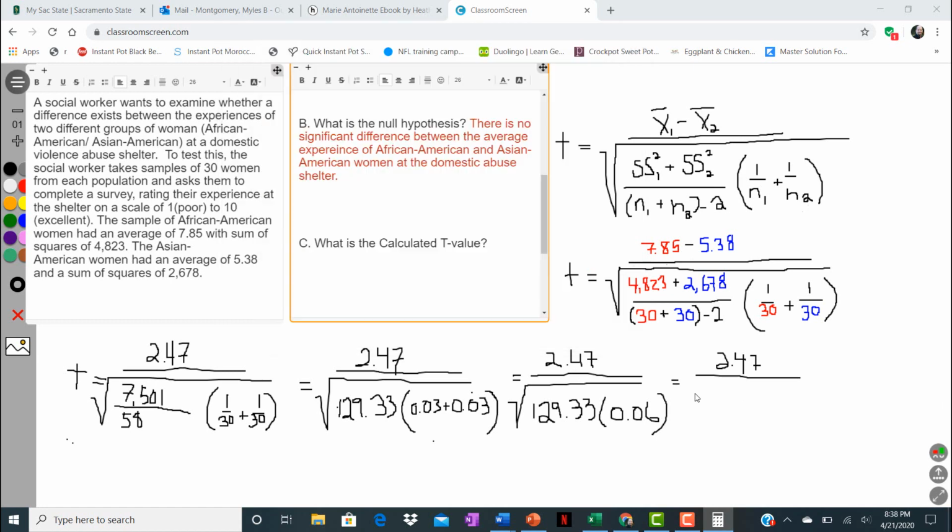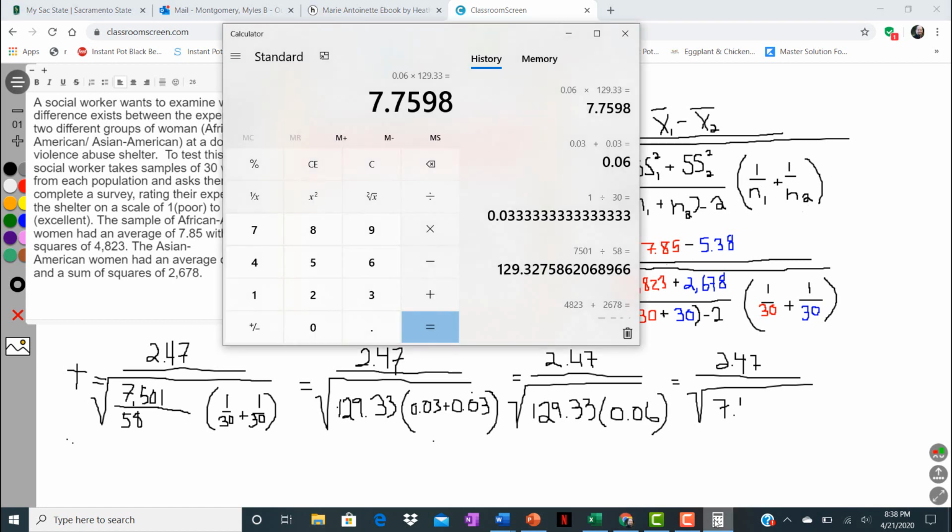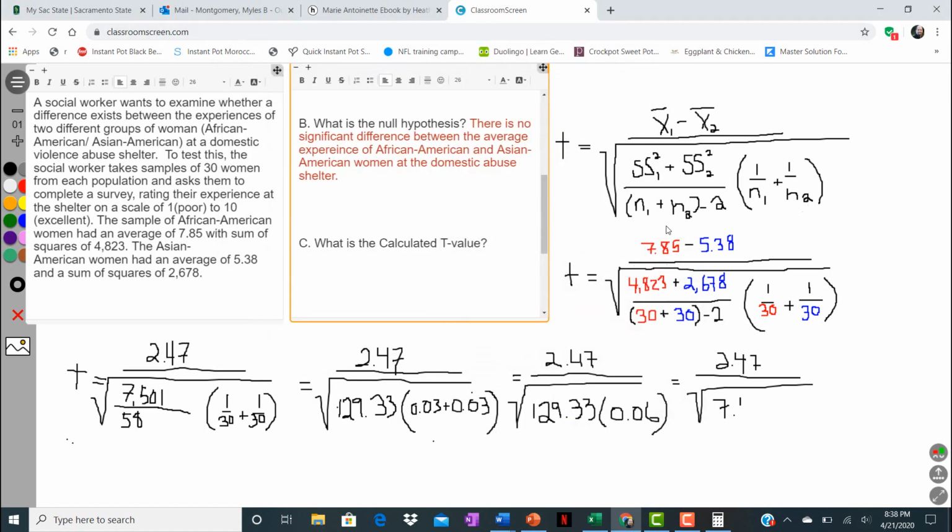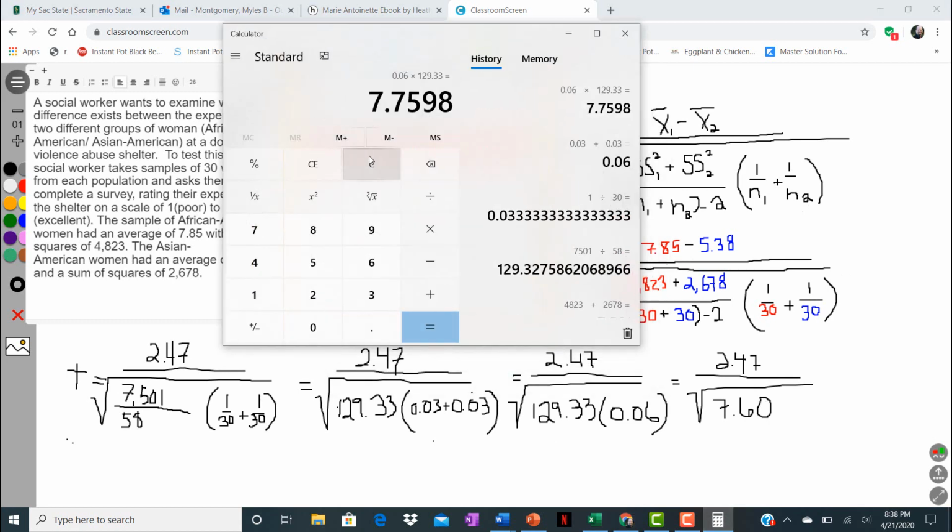Okay, why don't we just do it this way? So this is what it's going to look like. Let's see, what is 7.5? We'll say 7.60. That makes more sense to me. Now, to be absolutely accurate, we'll just do it this way: 7.60, take the square root.